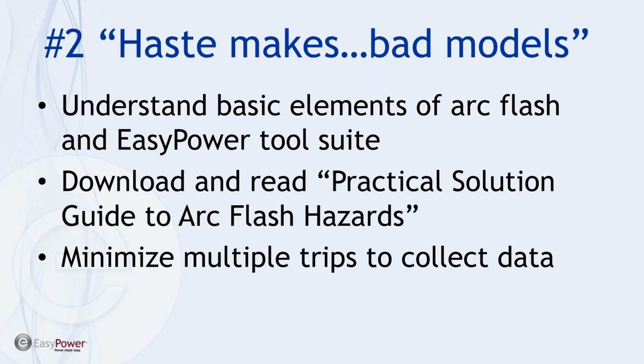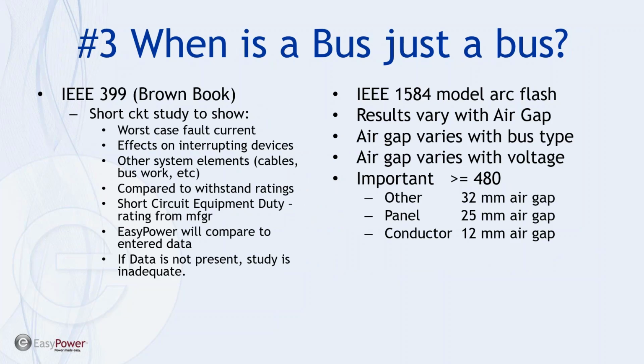So again, haste makes bad models. Understand the elements, and minimize multiple trips to the data site. I recommend that you download and read the Practical Solution Guide to Arc Flash Hazards, which is available in the handout section of this webinar. It goes through the steps in a logical order to prevent these errors from occurring.